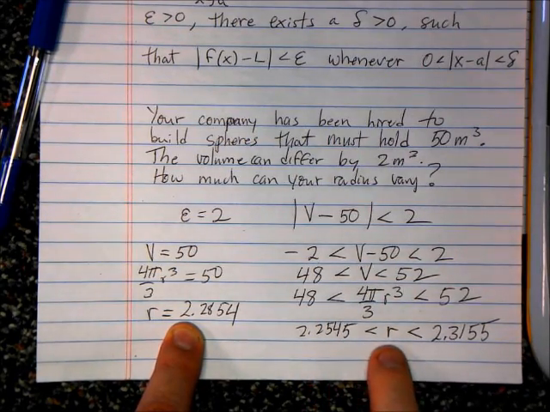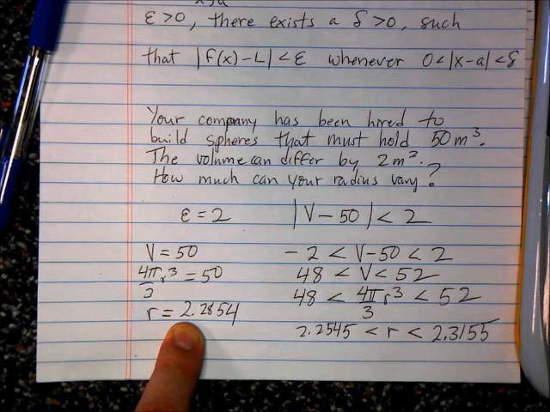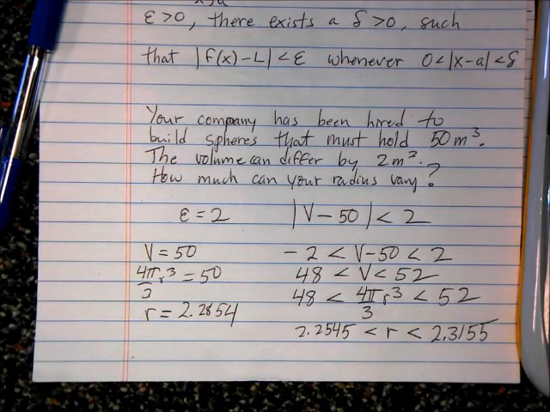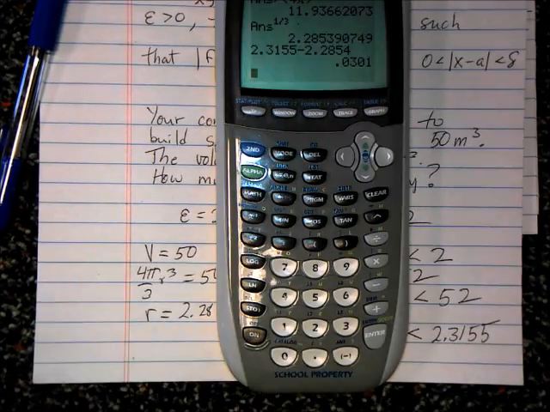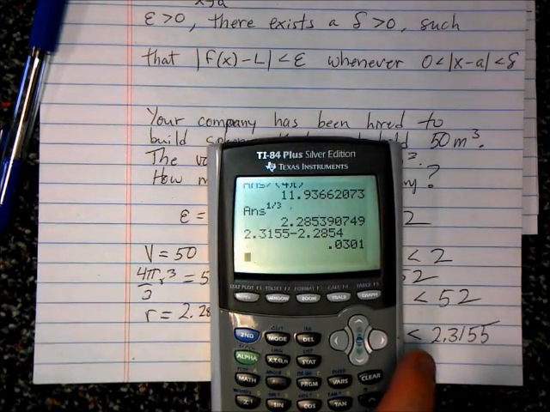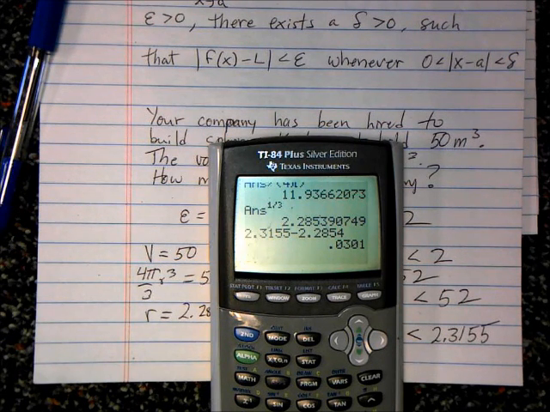So how big is the error? Let's see. 2.3155 minus 2.2854. So in order for our sphere to be in between 48 and 52 cubic meters, how far off can we be on our radius? 0.03 meters, which is 3 centimeters.